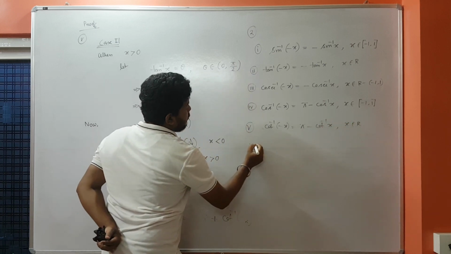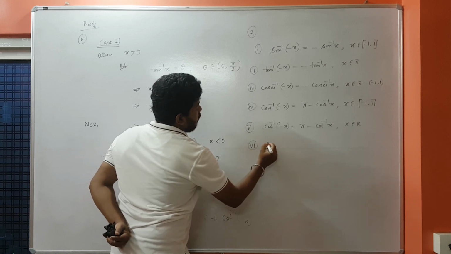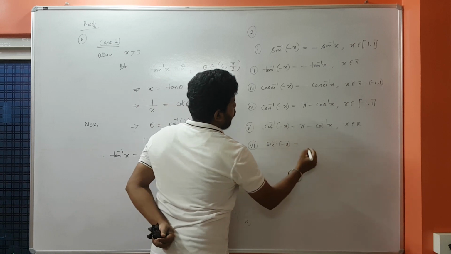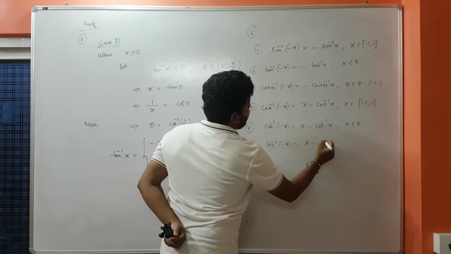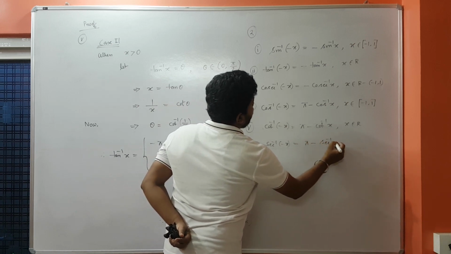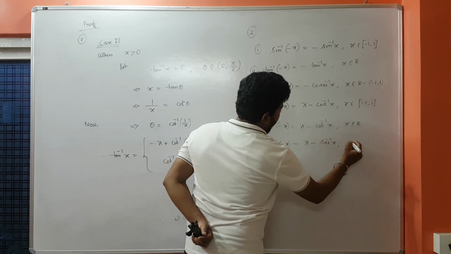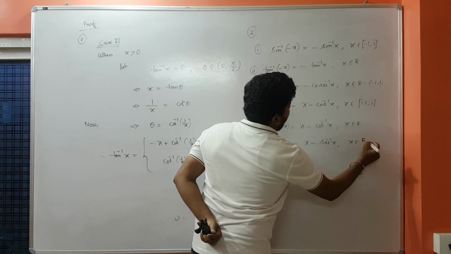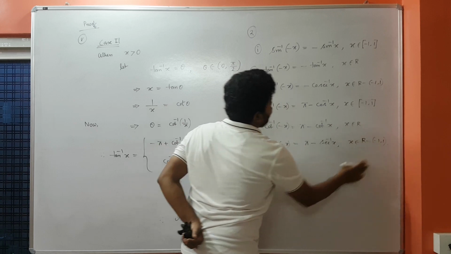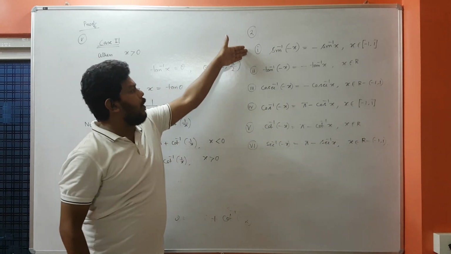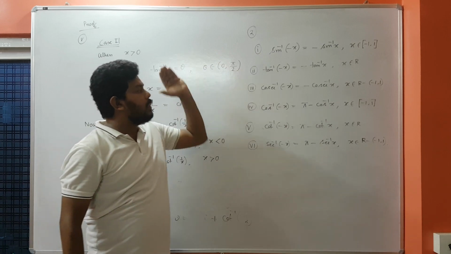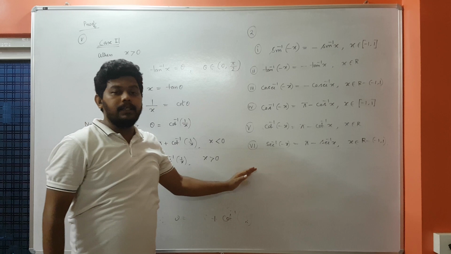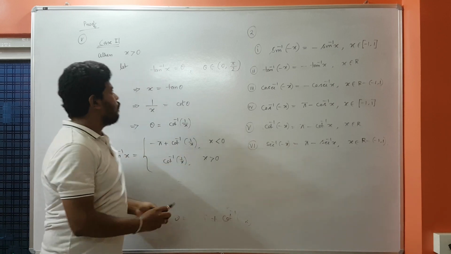And number 6, sec inverse of minus x is equal to pi minus sec inverse of x, where the domain of sec inverse x is R minus (-1, +1). Number 1, number 2 and number 3 have similar proofs, and number 4, number 5, number 6 have similar proofs.